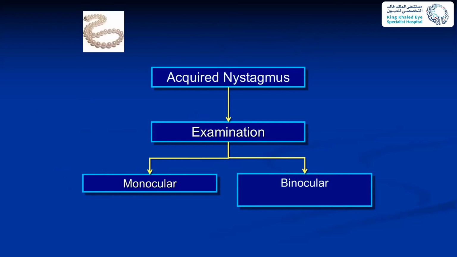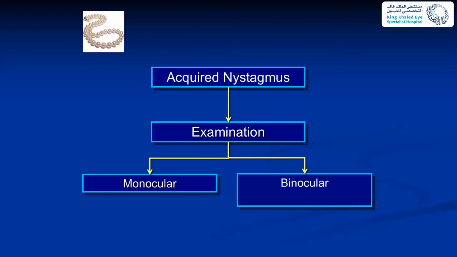Now we know that we are dealing with acquired nystagmus. So when you examine the patient and draw your map, you want to know, are we dealing with monocular nystagmus? It's only in one eye. Are we dealing with one eye, or is it binocular? This is the first category you have to differentiate. You know it's acquired.